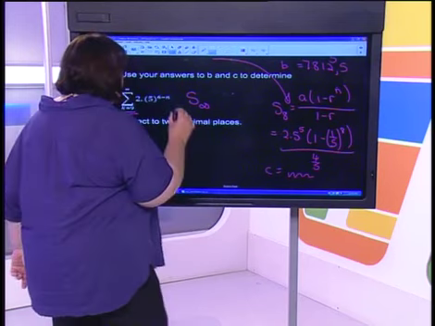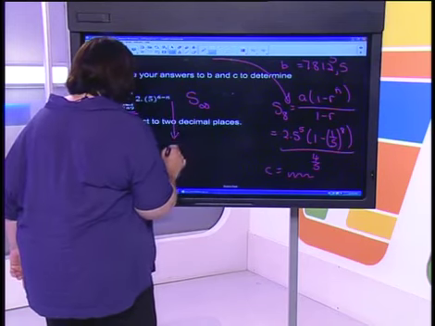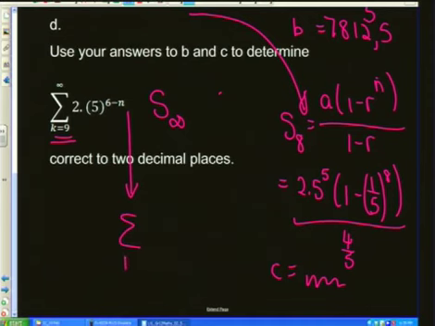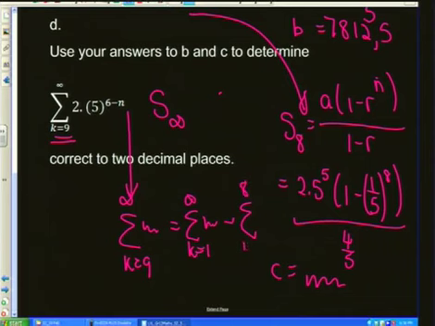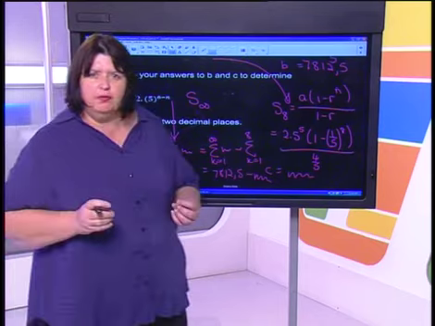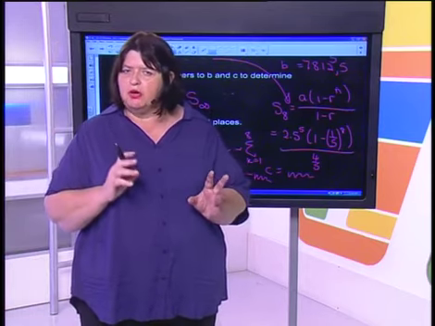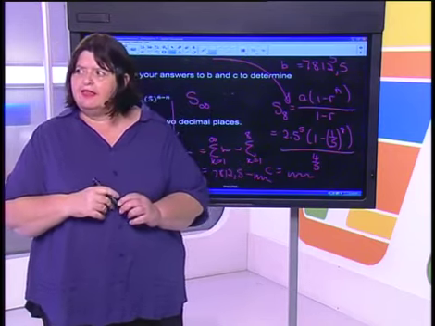So in actual fact, what they want you to see is that the sum of this thing equals the sum to infinity of the original minus the sum of 8 terms starting at 1. And so you would take the answer of your sum to infinity, which is your 7812.5, and you'd subtract from it the answer you got for C, and you get the answer. But they help you a bit. So that just gives you an idea. I just wanted to rush that because I think it's an important skill that you've got over there.